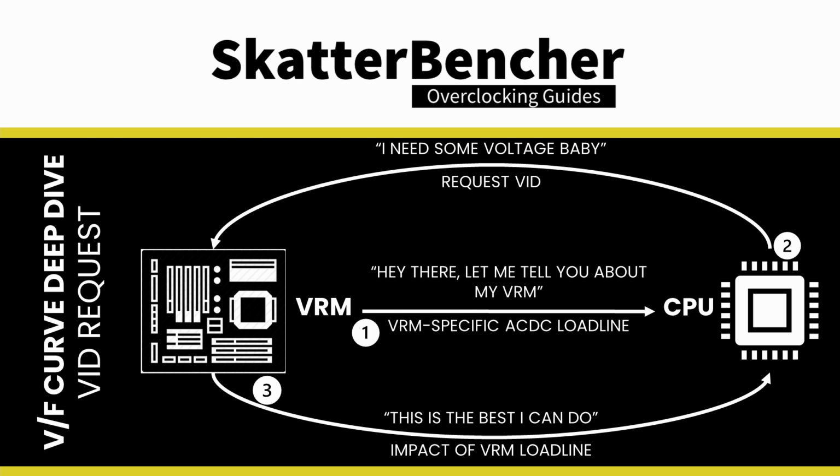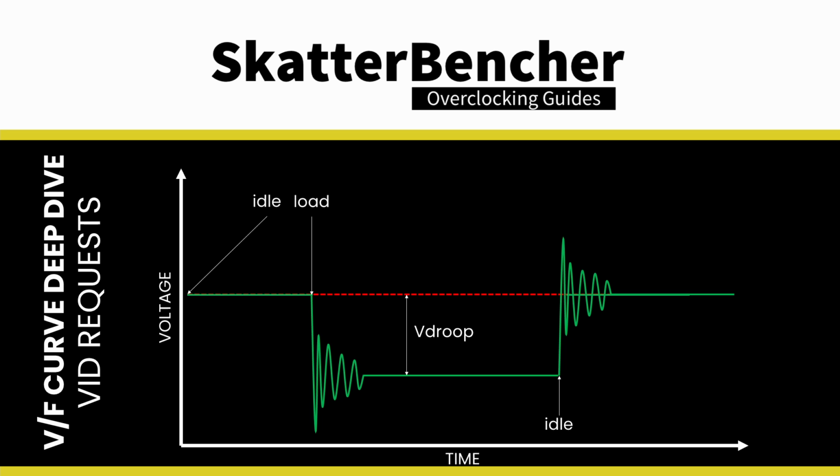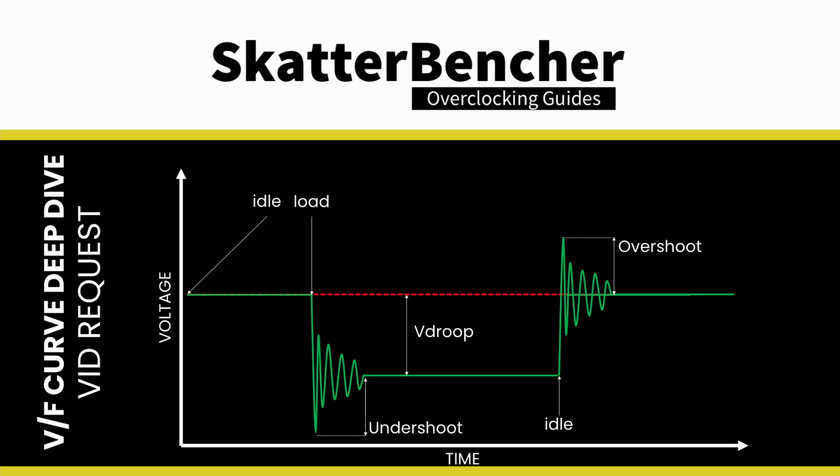The VRM load line determines the final effective voltage. A weaker load line will worsen the V-droop, while a stronger load line will lessen the V-droop. In addition, the VRM load line will also impact any undershoot or overshoot. Undershoot and overshoot are temporary voltage spikes when transitioning from idle to load and load to idle.